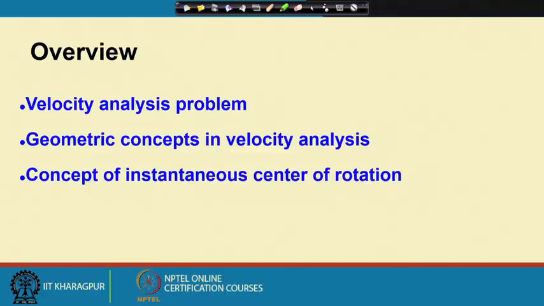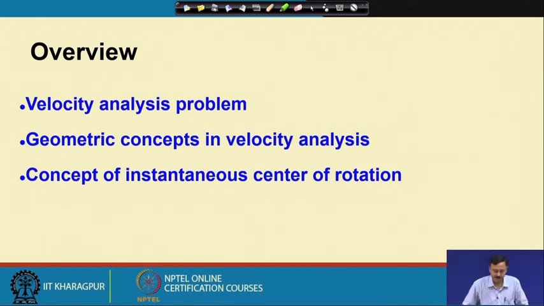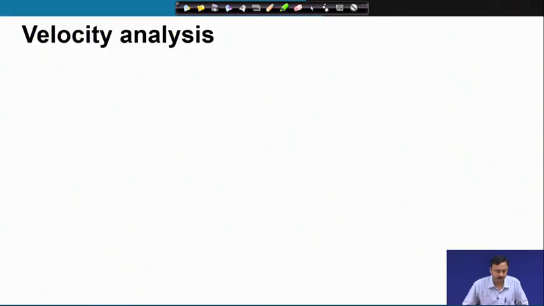So, to give you an overview, we are going to first define the velocity analysis problem, look at some geometric concepts as I mentioned, which will lead us to this concept of instantaneous center of rotation. So, what is the velocity analysis problem?